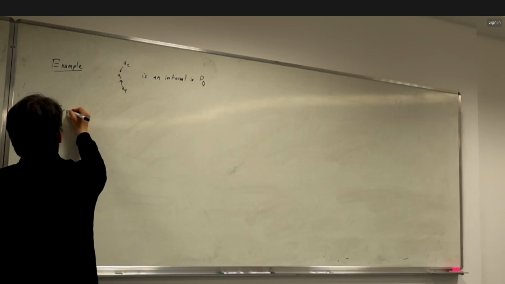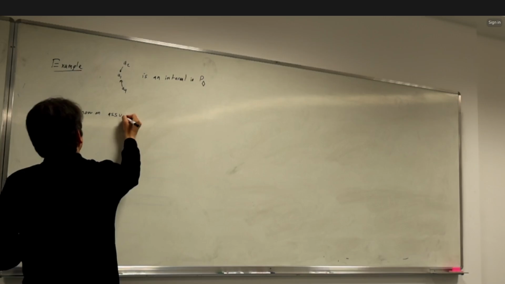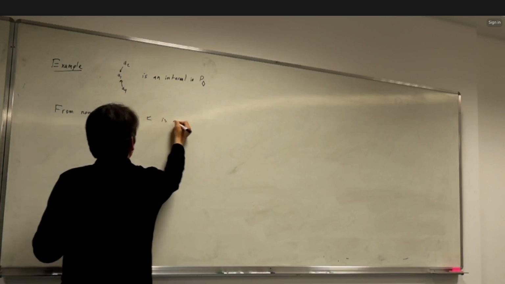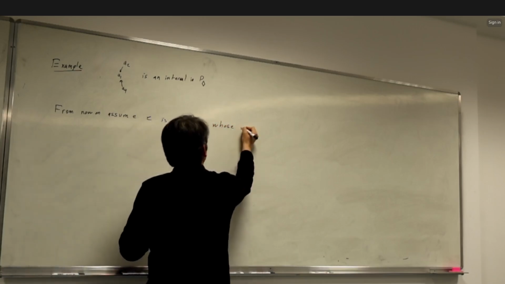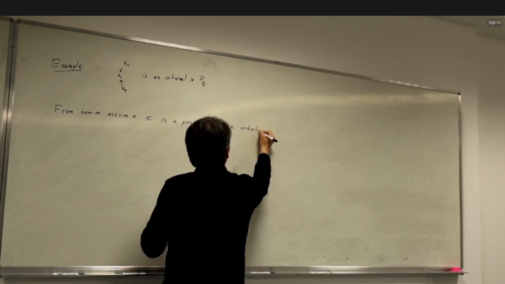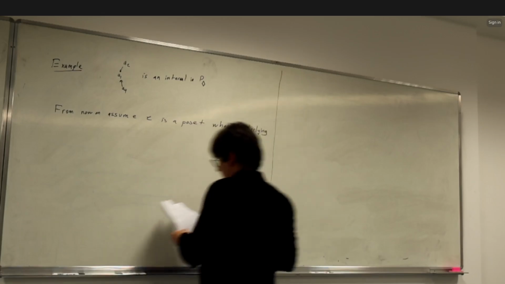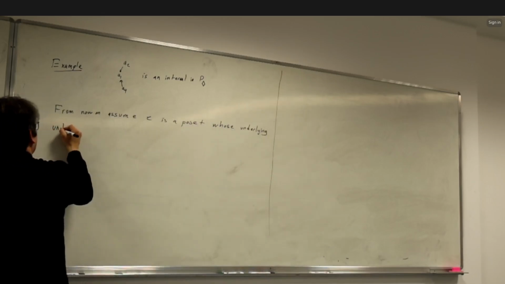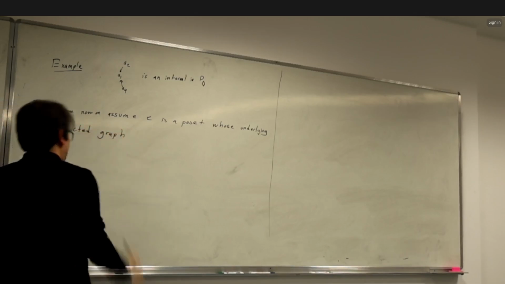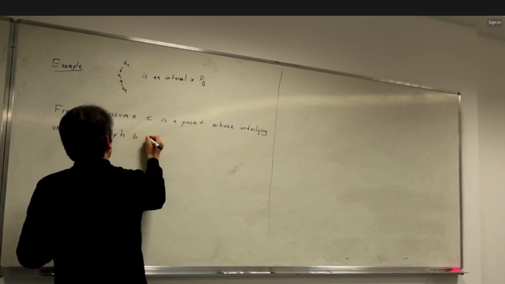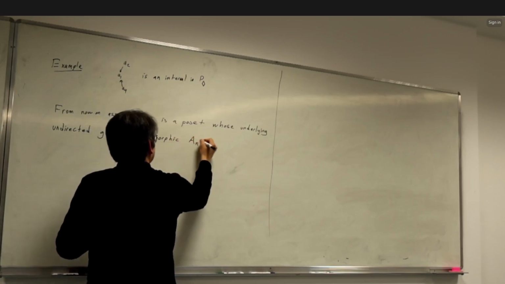Okay, now from now on, assume tau is a poset whose underlying undirected graph, I should say, is isomorphic to this Dynkin diagram, AN.